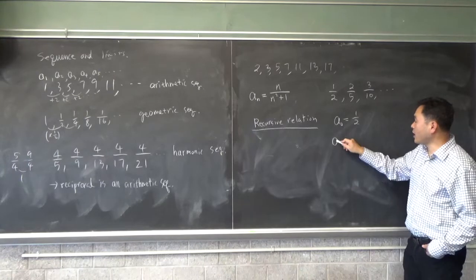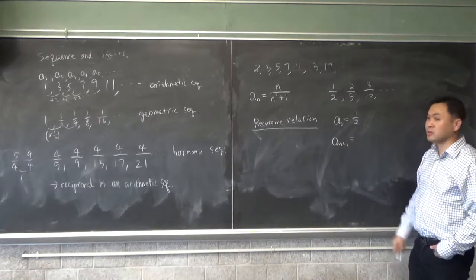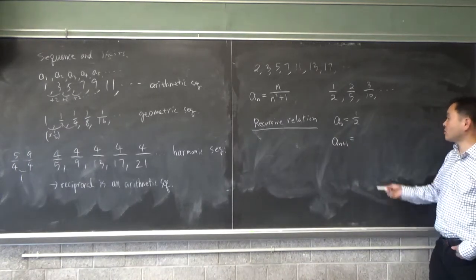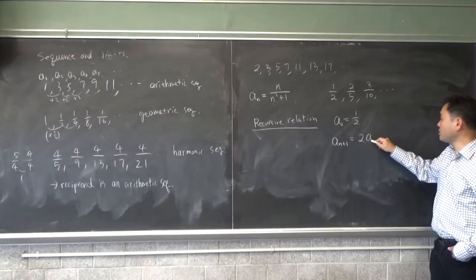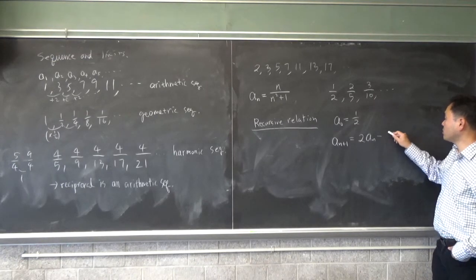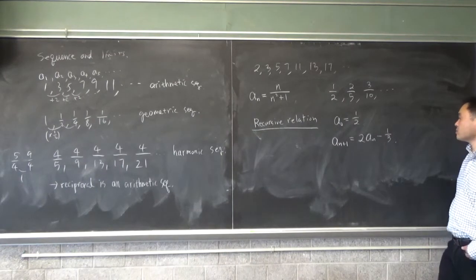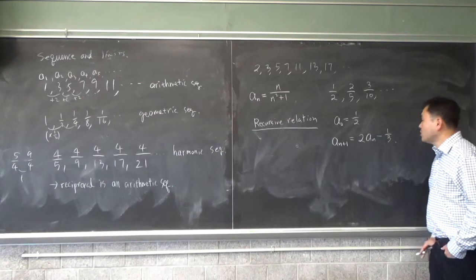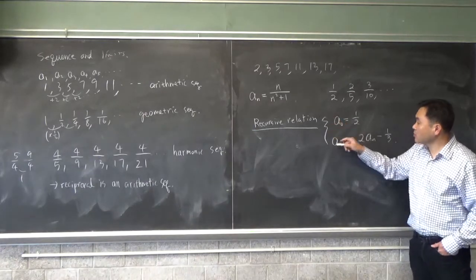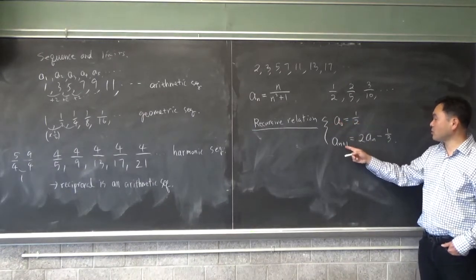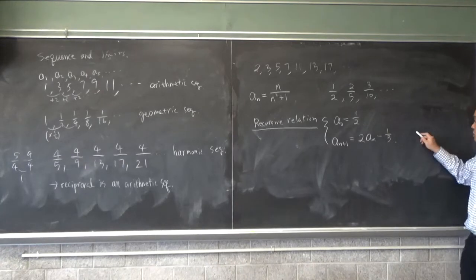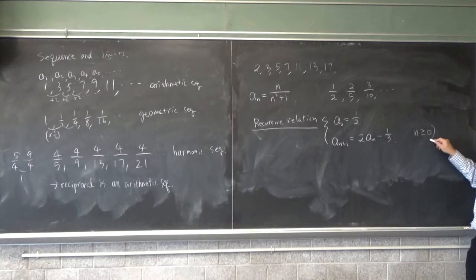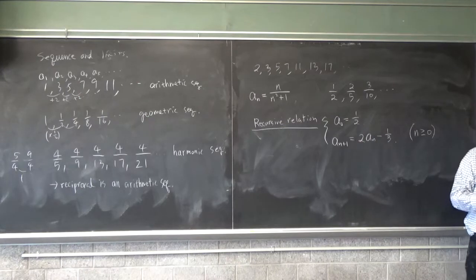And then a_{n+1} is 2a_n minus 1/3. So an initial condition with a recursive relation, true for n greater than or equal to 0, will define all the terms of a_n.